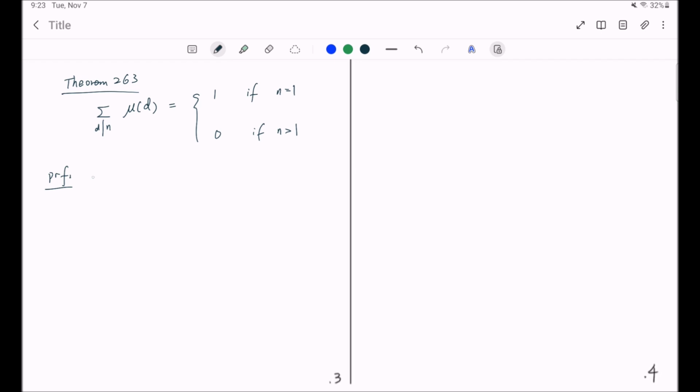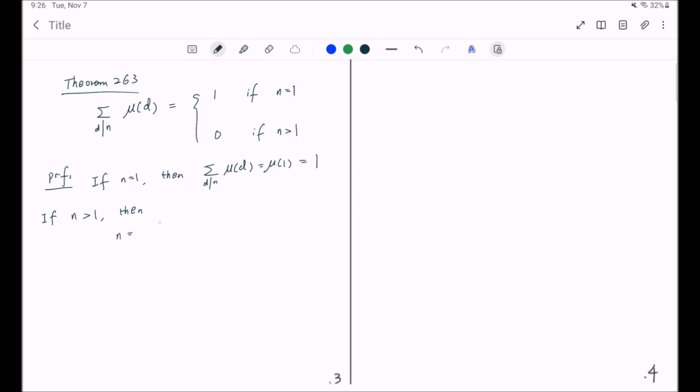If n is equal to 1, the sum is really trivial. This is just mu of 1. And now if n is bigger than 1, then we can write the prime decomposition for n.